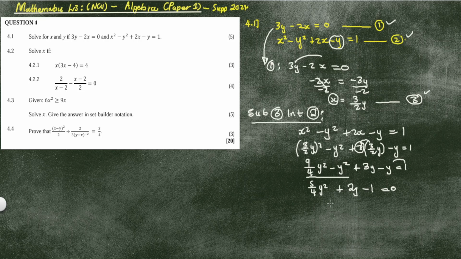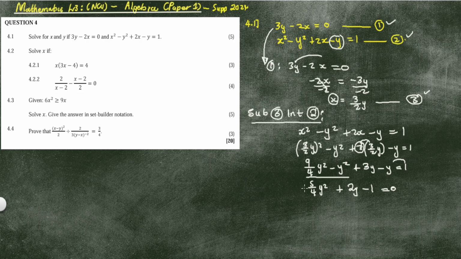Now, at this point, you can either use the quadratic equation, or you can complete the square, or you can use the factoring method. You have 3 choices here. I think the easiest bet would be to go with the quadratic equation. But what I'll do is use the factoring method to simplify this equation.